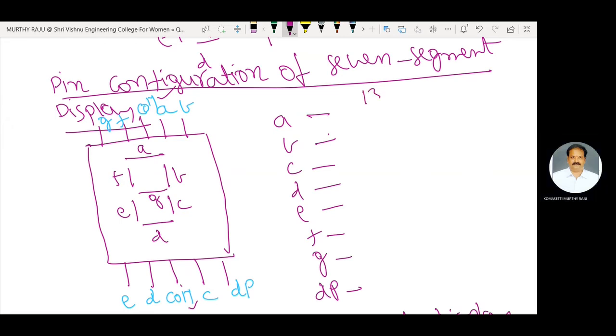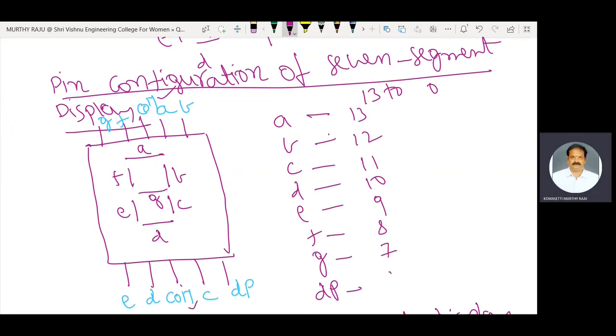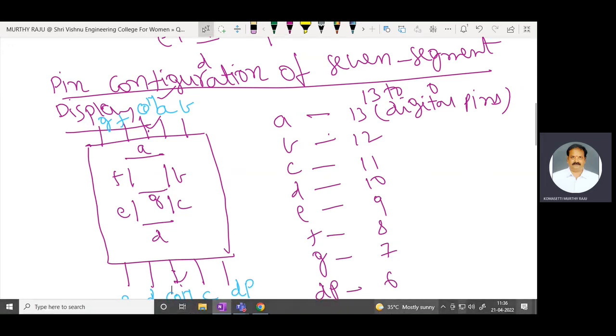Digital pins are from 13 to 0. Assign some digital pins, suppose 13, 12, 11, 10, 9, 8, 7, 6, like that. Out of 10 pins, 8 pins are assigned to Arduino board digital pins. The remaining 2 are common. Total 10. These common pins are internally connected.